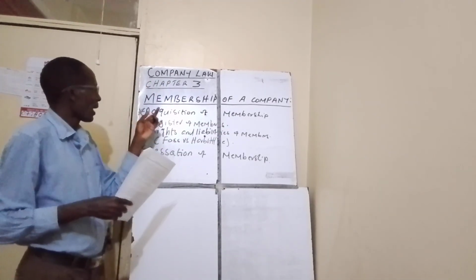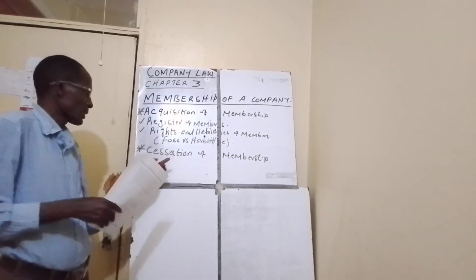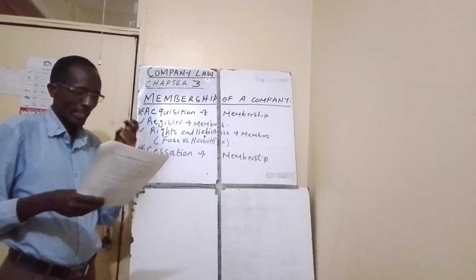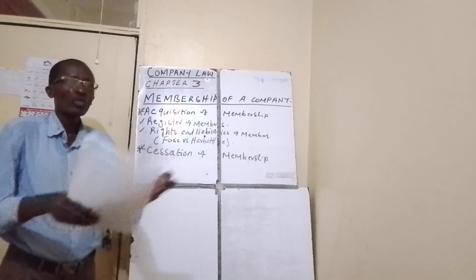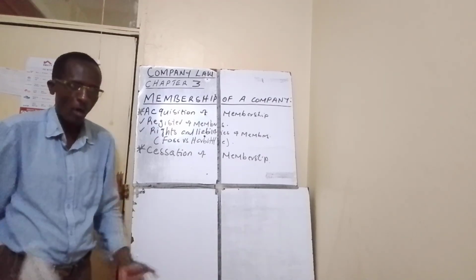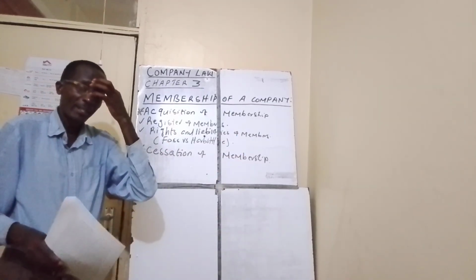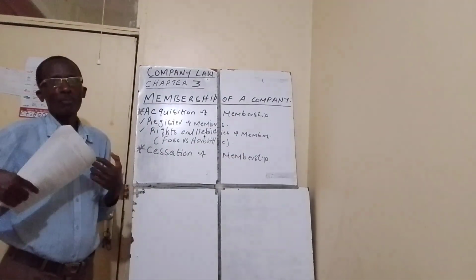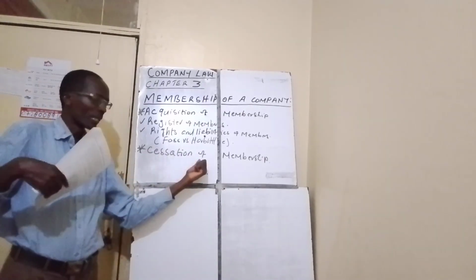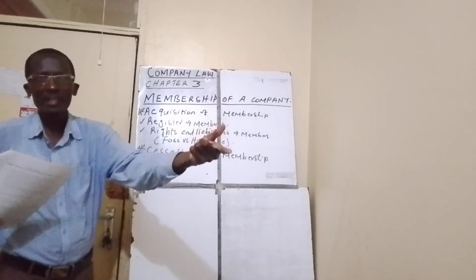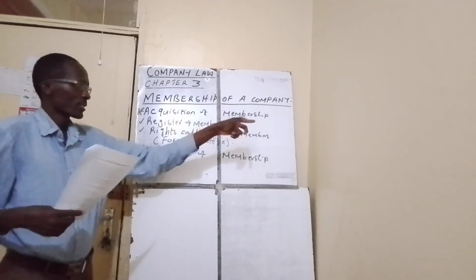You see here, acquisition of membership and then cessation of membership here. So in case of full transfer, if you transfer all your shares to the transferee, then you cease to be a member, and the transferee acquires membership.